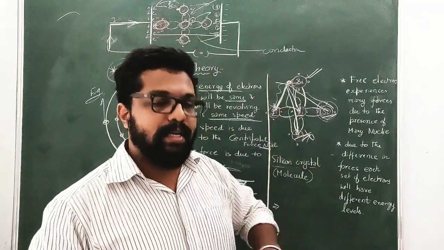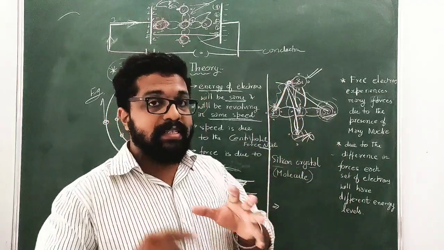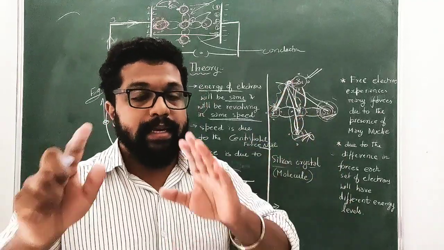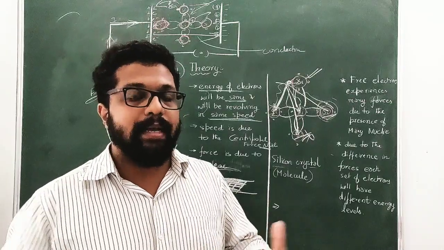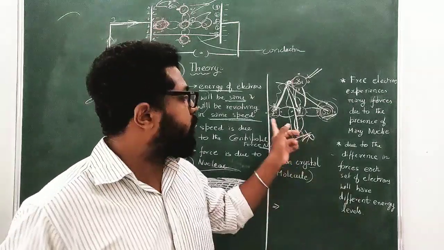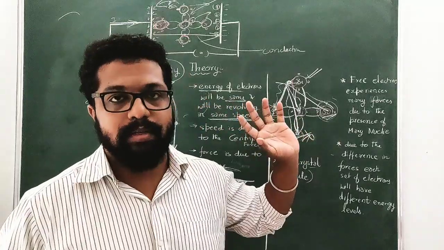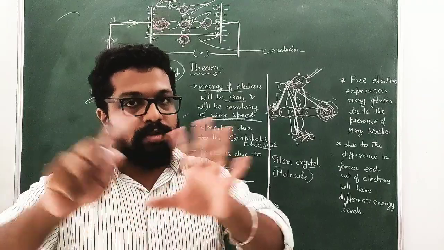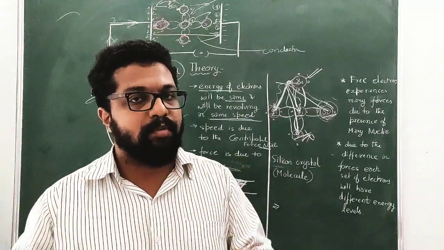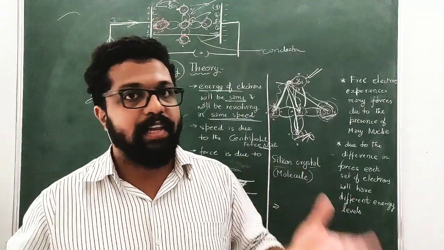And that's why one electron in a silicon crystal will experience different amounts of force because of the presence of the other silicon nuclei. In a silicon atom, the outermost shell electrons experience the same amount of force. That's why it has the same energy levels.